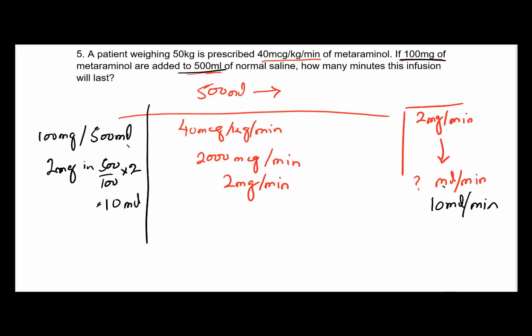Right? Now, once I have got the infusion rate in mils per minute, I can easily work out how long it will take to infuse 500 mils. So 10 mils is infused in 1 minute. 500 mils will be infused in how many minutes? 50 minutes.